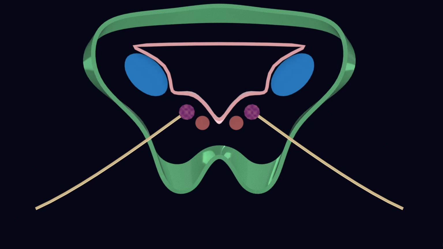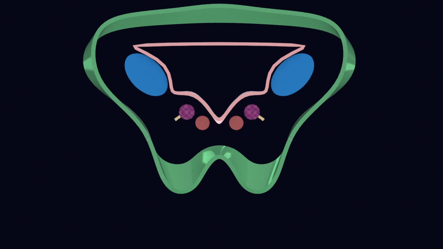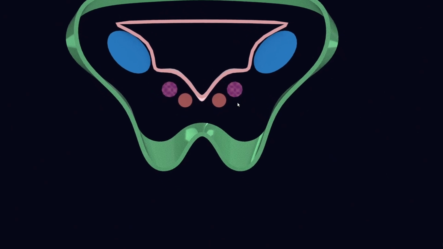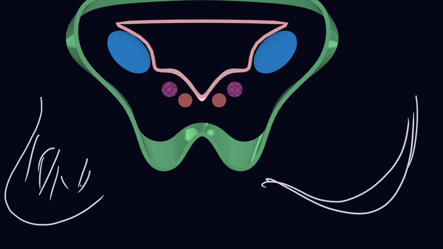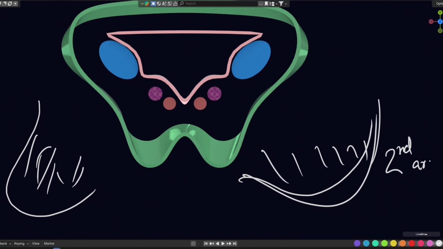Now the thing is that, again, I am assuming here that as the facial nerve proper nucleus has developed, the pharyngeal arch has also developed here. So let's suppose here is the pharyngeal arch. So the pharyngeal arch has already developed here. That is what I am assuming. I mean the second pharyngeal arch, which it is going to supply.